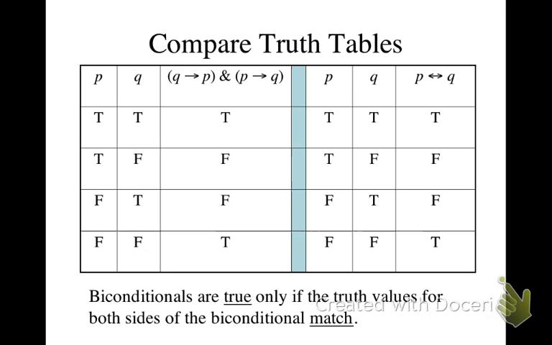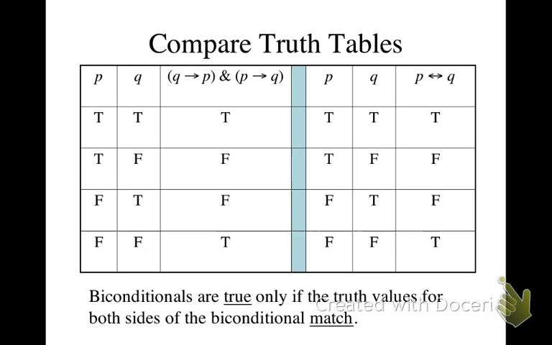And so it turns out that biconditionals are true only if the truth values for both sides of the biconditional match, and they're false otherwise. So when P is true and Q is true, P double arrow Q is true. And when P is false and Q is false, P double arrow Q is true also.